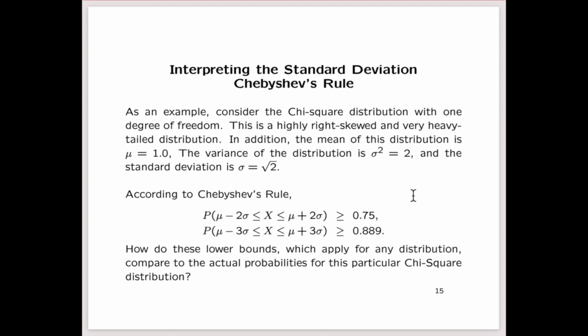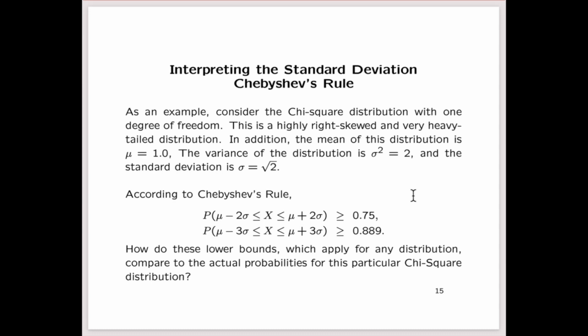And so, as an example, let's consider a particular non-bell-shaped curve, in particular a right-skewed distribution. Consider the chi-square distribution with 1 degree of freedom. Now, this is a highly right-skewed distribution, and it's very heavy-tailed. In addition, the mean of this distribution is 1. The variance of the distribution is 2, and the standard deviation would therefore be the square root of 2.